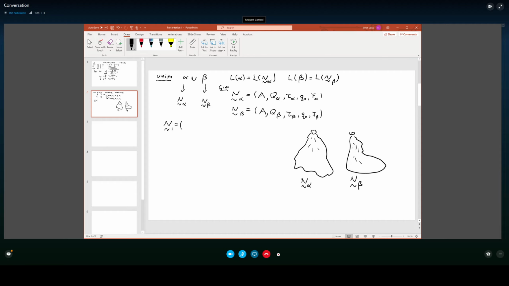So what do we have to do in order to get an automaton that accepts everything n sub alpha accepts and everything that n sub beta accepts, but nothing else?